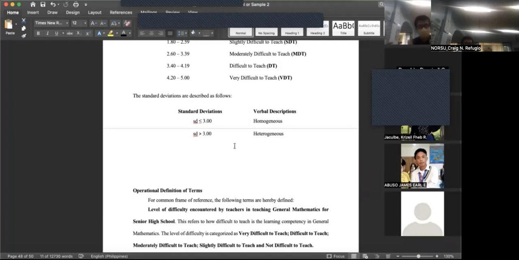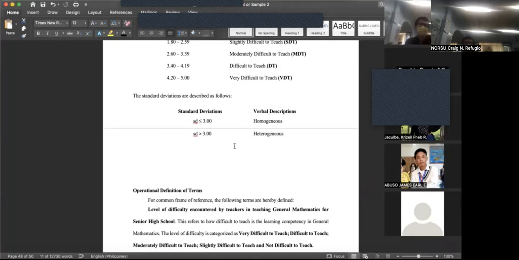If the term has a meaning the same as the meaning found in the dictionary, then do not define that because that is a general term and it has a general definition. But if you use the term and that term has a special meaning in your research proposal, that would be the time that you are going to define that term. And we call that operational definition of terms.